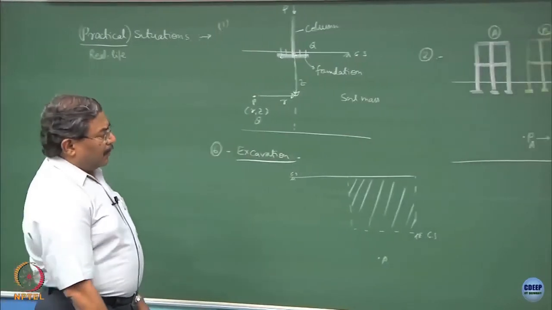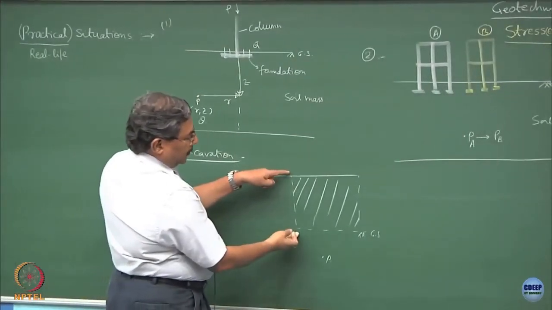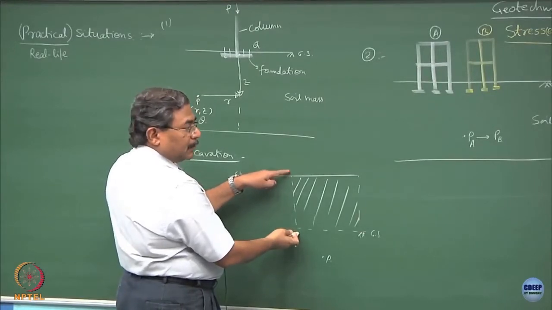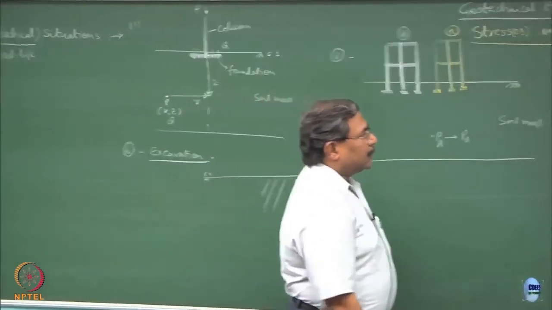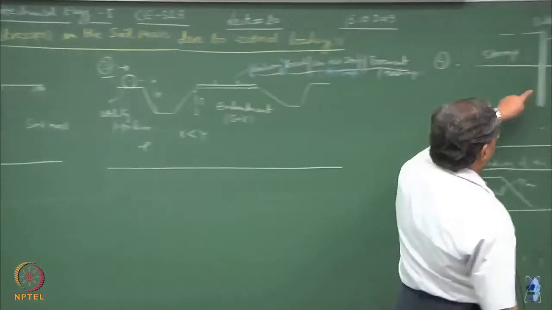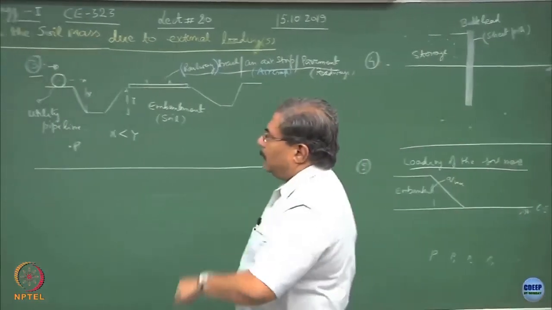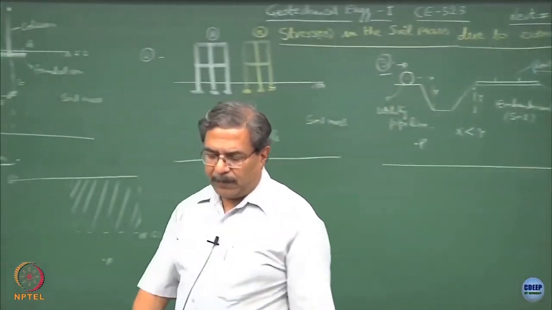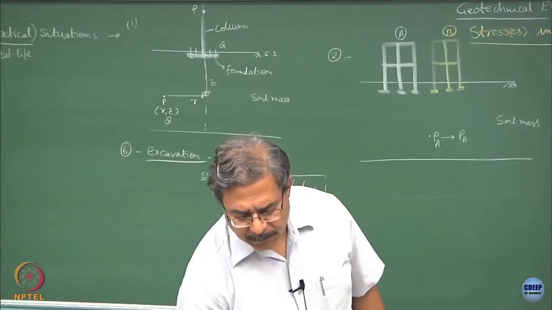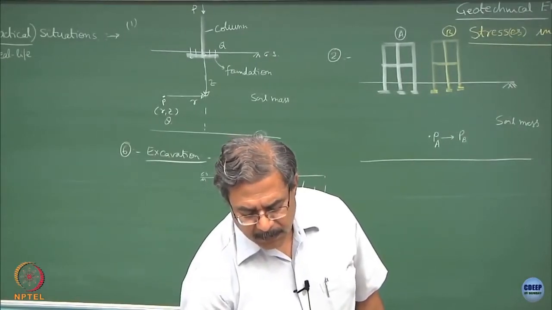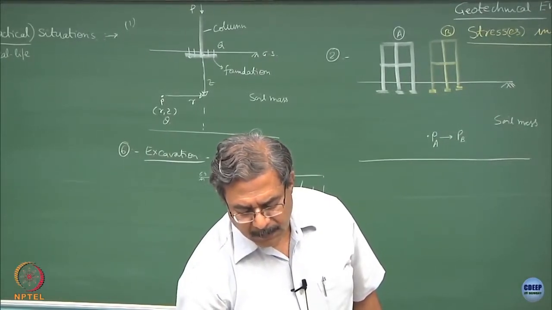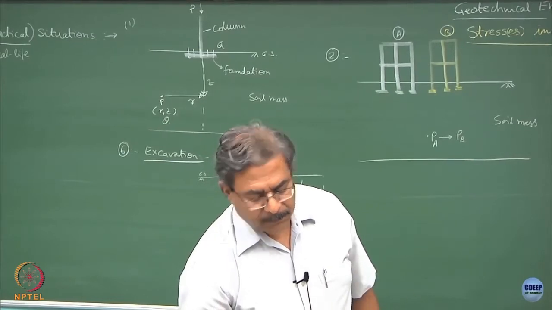because ultimately this system has to stay stable, it is unsupported. Here this is supported with the help of a sheet pile, alright. So, these are different examples of the situations which we might come across in today's civilization.